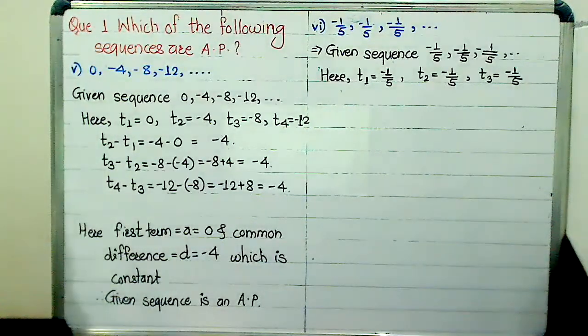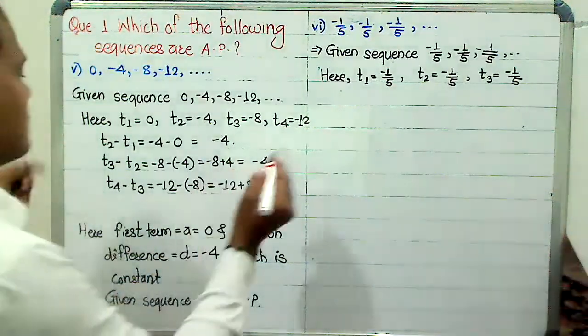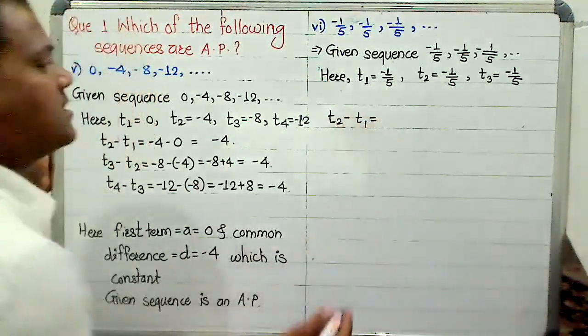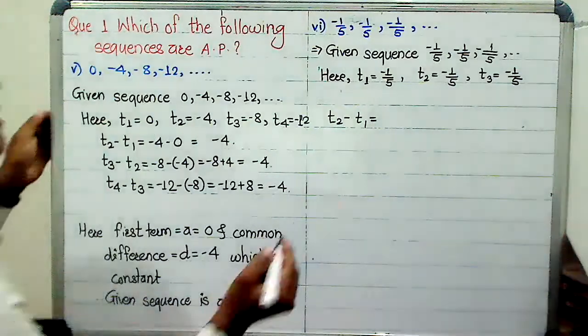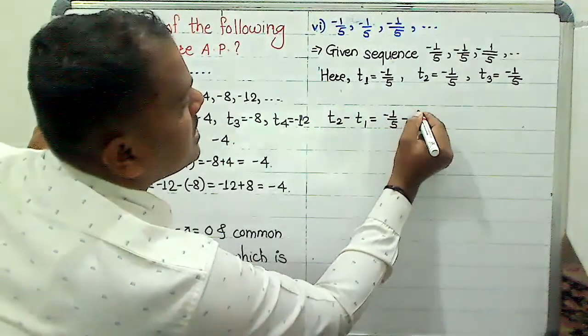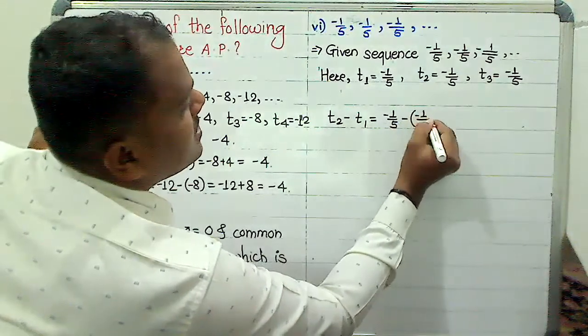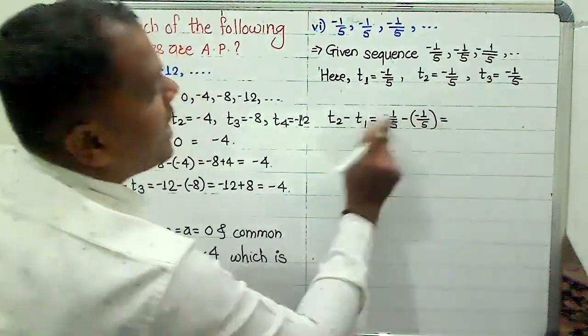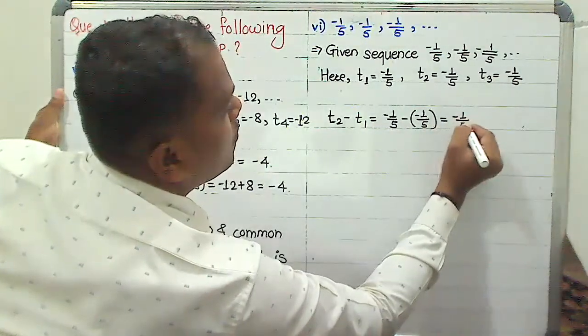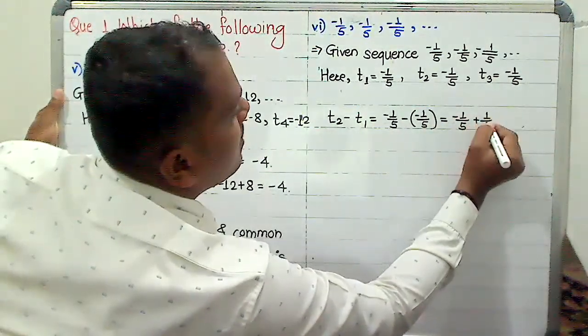Okay, so now again we have to find the difference between two consecutive numbers. So difference between two consecutive numbers is T2 minus T1 is equals to value of T2 is minus 1 by 5 minus 1 by 5. So minus minus become plus. So minus 1 by 5 plus 1 by 5.